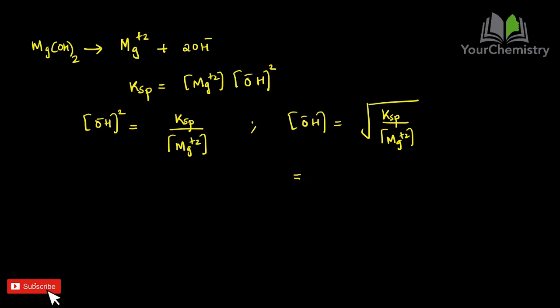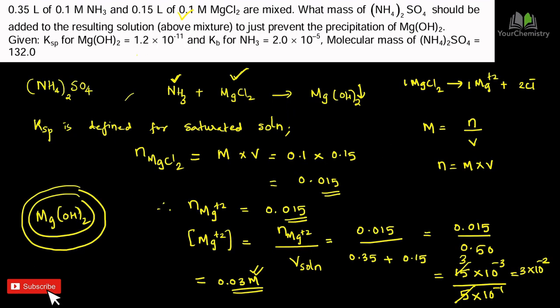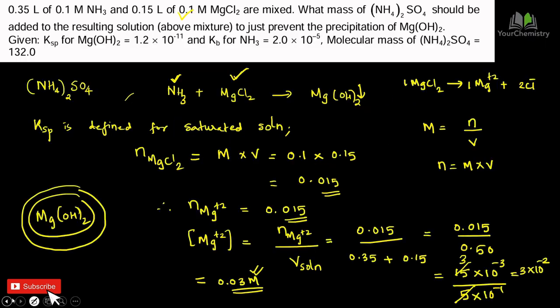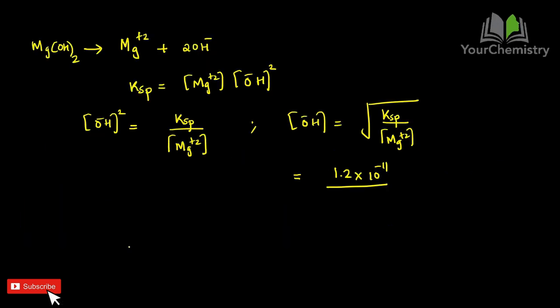Now if you see in the question, the Ksp value is given how much? 1.2 into 10 to the power minus 11 divided by, what is the magnesium concentration we found out? 0.03, or I will write this 3 into 10 to the power minus 2, the square root.